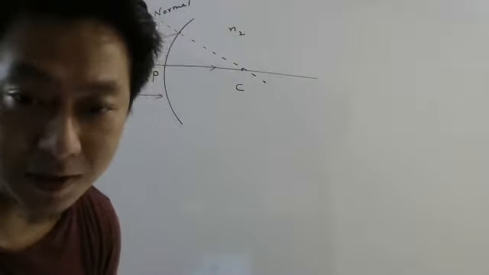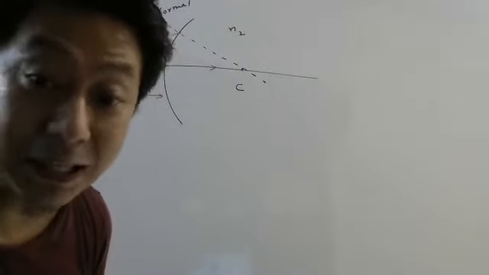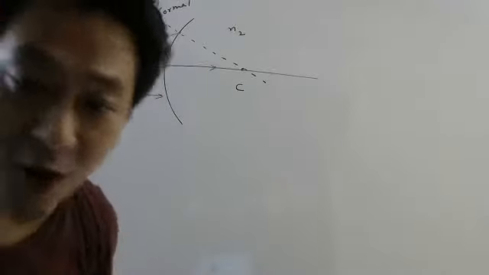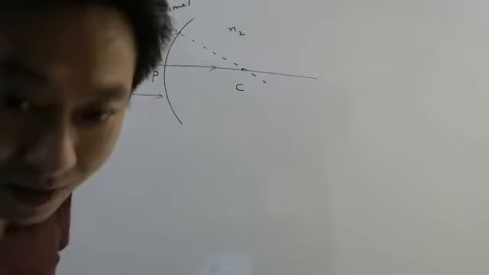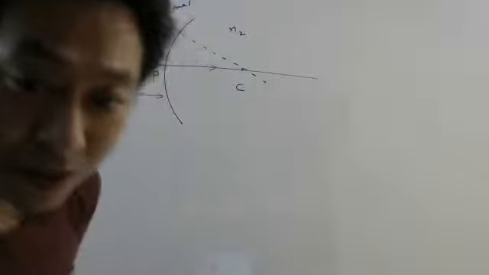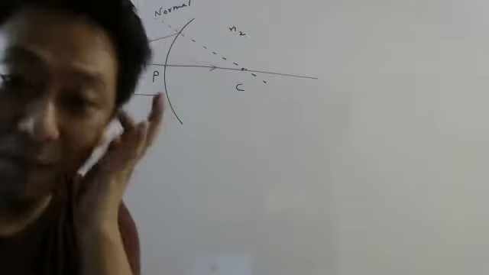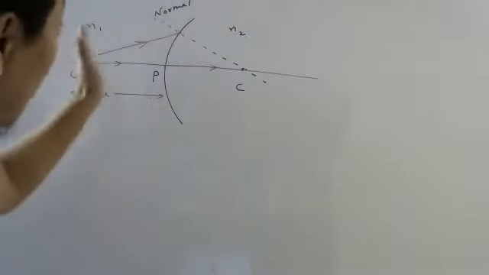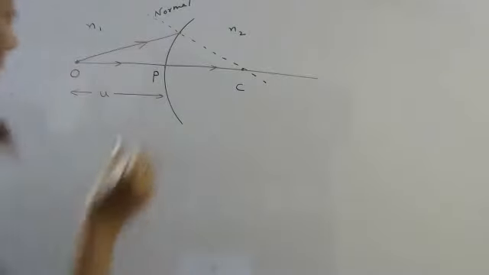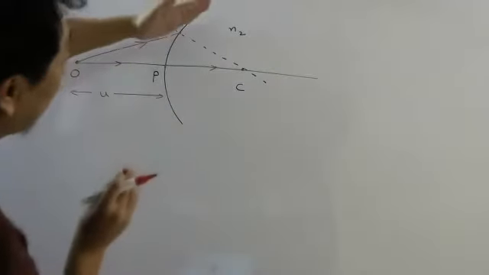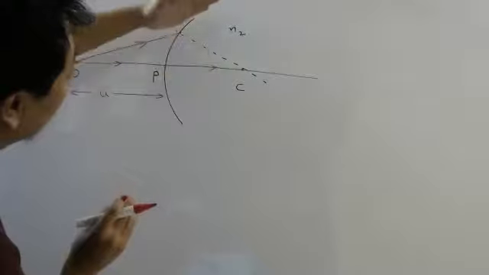Denser to rarer, in TIR, it was away from the normal. Tanmaya, denser to rarer is away from the normal. That happens in TIR, right? But rarer to denser, it is always towards the normal. So this light will come, this is the normal, so it will bend towards the normal.